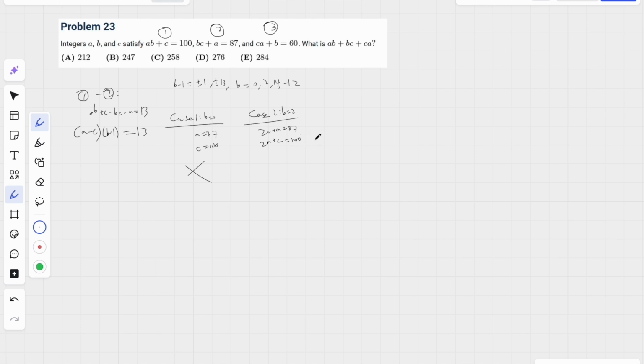If we make this equation into 4a plus 2c equals 200, and then subtract this equation from this one, let's label it star, 2 star, then we get 3a equals 113. 113 is not divisible by 3, so there's no solution here. Case 3.